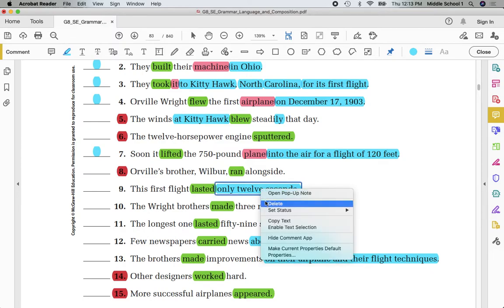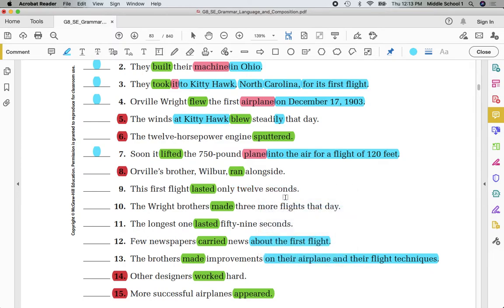So you've got to be careful in this sentence. It lasted seconds. That makes this transitive. The Wright brothers made what? What did they make? They made flights. That's transitive. The longest one lasted. Lasted what? Seconds. Transitive.